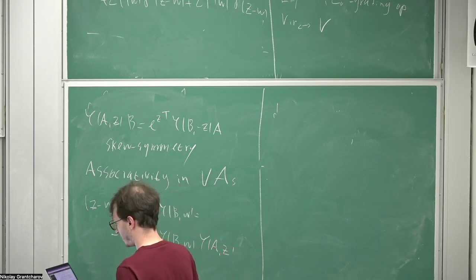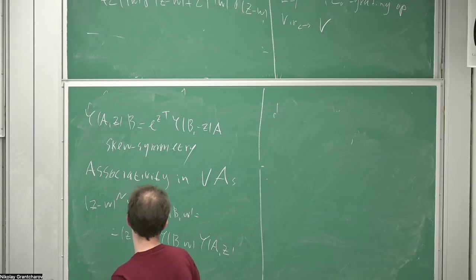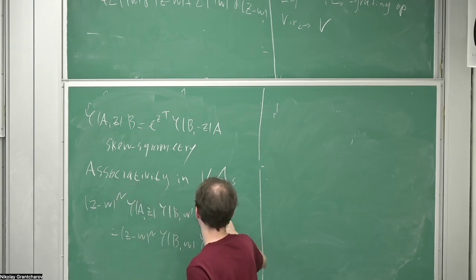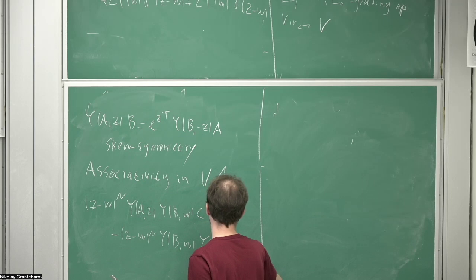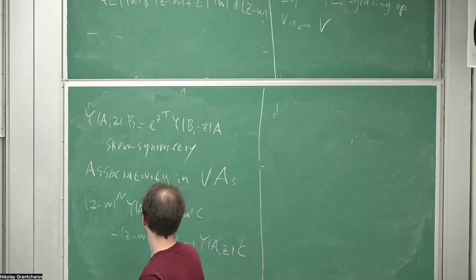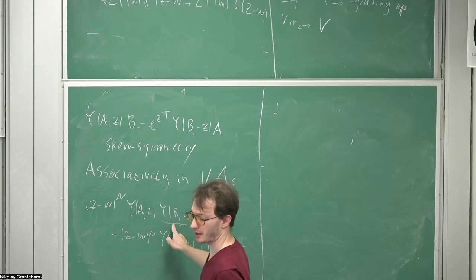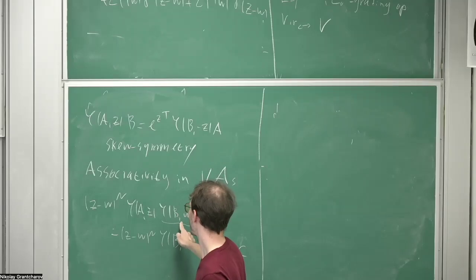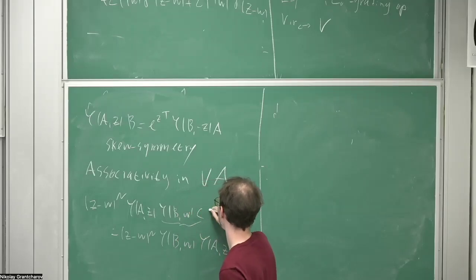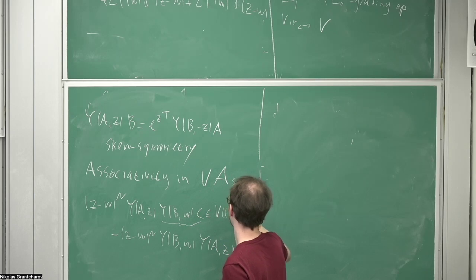Let me apply both sides to some vector c. Now I use the definition of a field, and I get that this is a Laurent series in W. This will be an element of V((z))((w)).